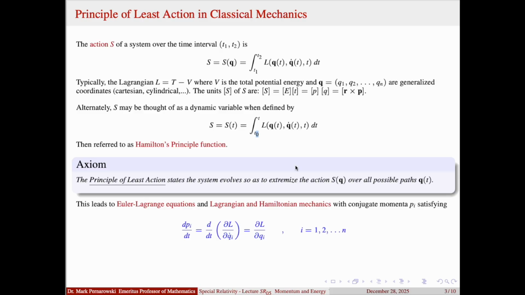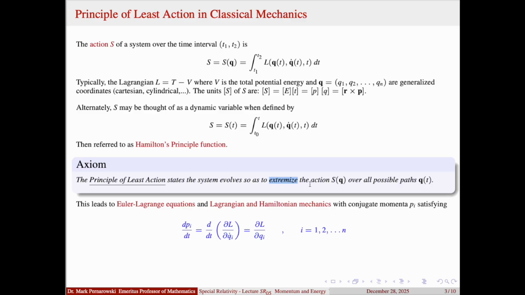There is this thing called the principle of least action. The principle of least action says that if I take the Lagrangian as the kinetic minus potential, as long as I know that, then the system will evolve so as to extremize, which could mean minimize or maximize, either or, doesn't matter.